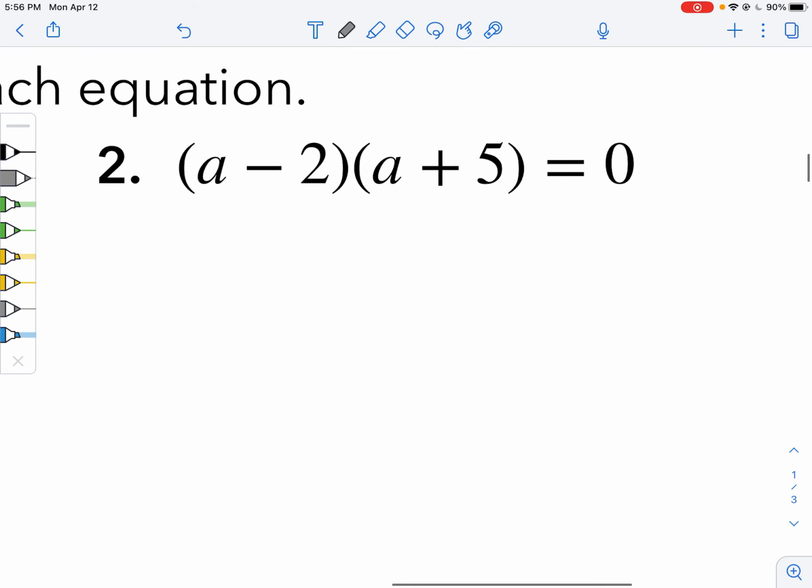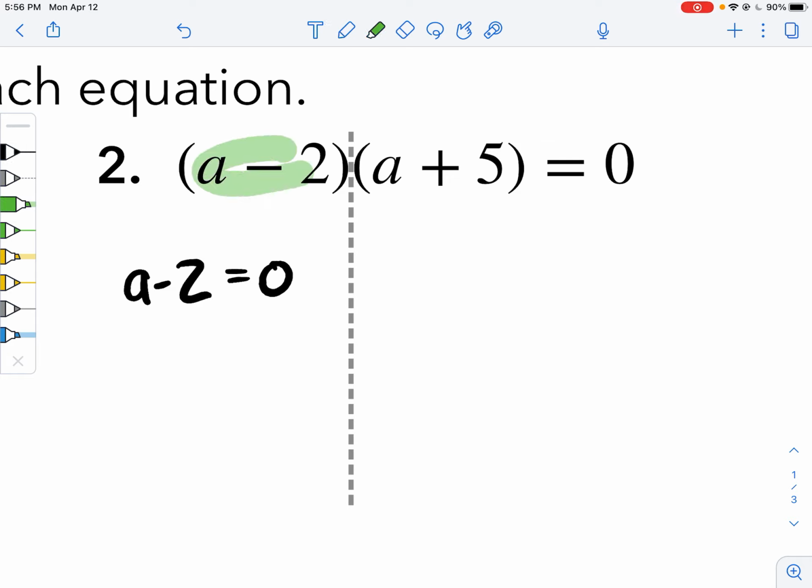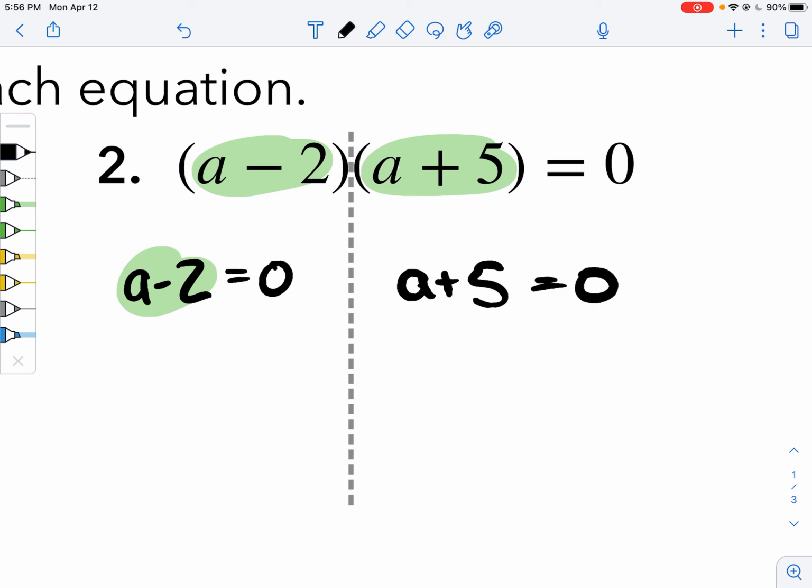So what are we going to do here? Well, let's split it up and make each one of these equal to 0. First, we'll say a minus 2 is equal to 0. And then we'll say that a plus 5 is equal to 0. Because if they multiply to 0, one of them has to be 0. Or they can both be 0. That's cool too.